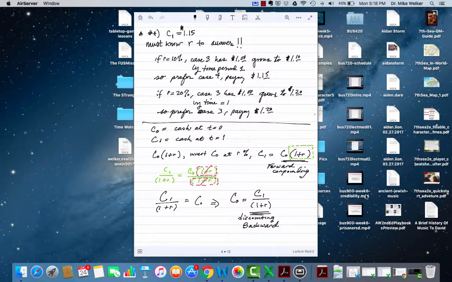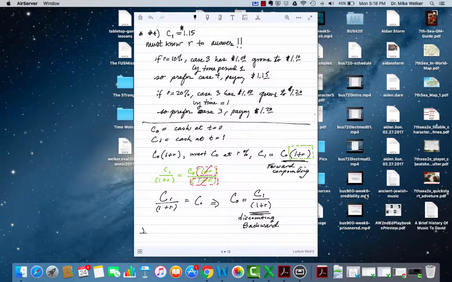Discounting means taking future amounts and bringing those values back into present value terms. So indifference would be when C0, the cash amount in time period 0, is the equivalent of getting C1 at time period 1 given the interest rate. Indifference means that C0 is equal to the present value of C1.